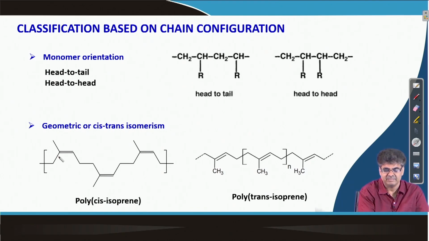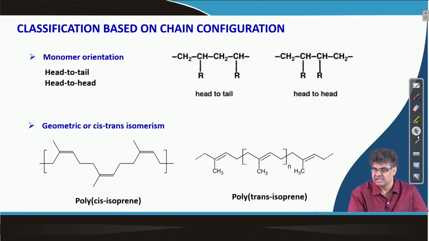The arrangement across this double bond is completely cis, in this case cis, and in this case also cis. So it is a completely poly cis isoprene, and in this other case we have all trans polymers. So we can have different geometric polymer isomers, poly cis isoprene and poly trans isoprene.